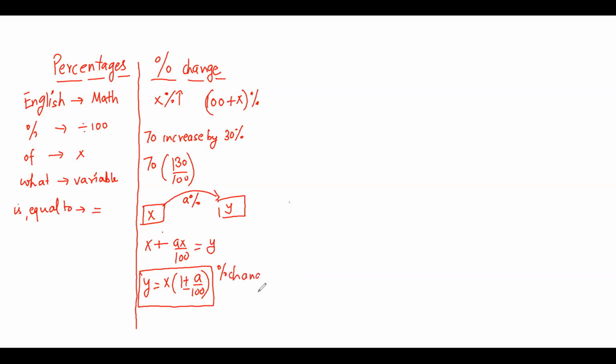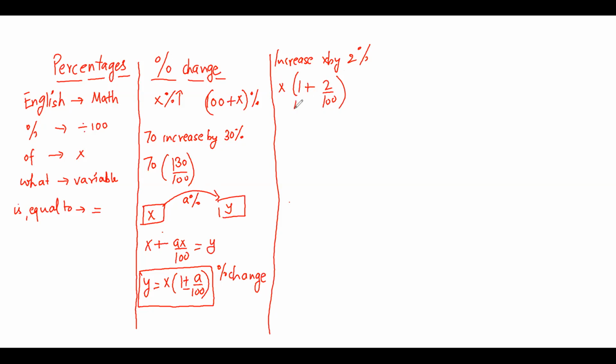You'll have many questions where they'll be asking you this in terms of variables, so you have to understand that. So if I am increasing X by 2%, then what is the resultant expression? That means X gets increased by itself and then 2% is added to it. This is nothing but 1.02.